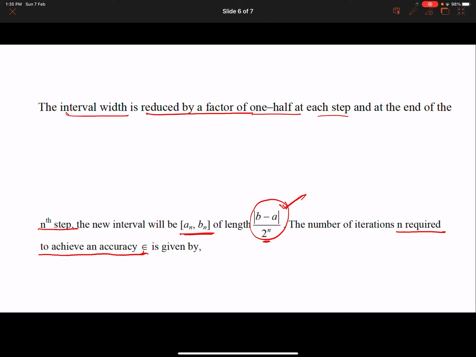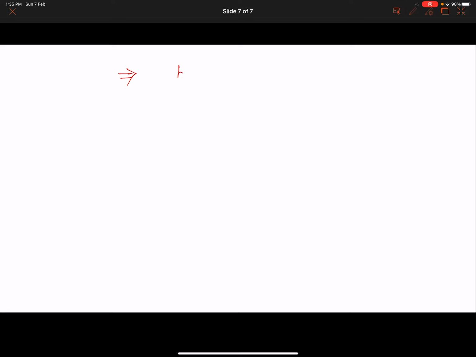Since we have (b - a) upon 2 to the power n and we need the accuracy of epsilon, this means that we need (b - a) upon 2 to the power n to be less than epsilon. This means that we need, let us take log on both sides.